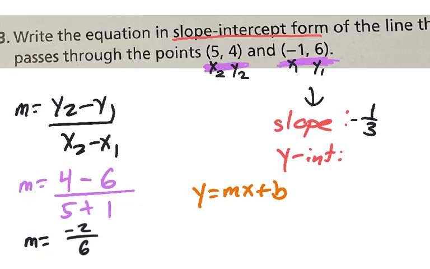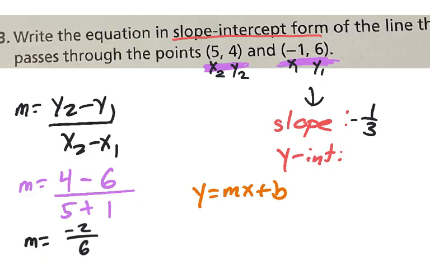So, thinking about that, I have 4 unknowns. How many of them do I know? Well, I have found the slope. That's the m. That's one unknown that will never change. It's always negative 1/3. I don't know the y-intercept. But what about x and y?